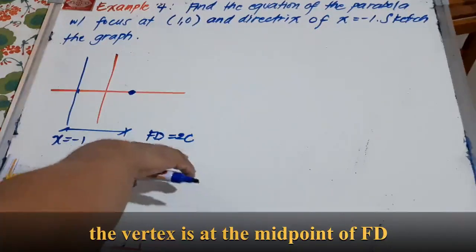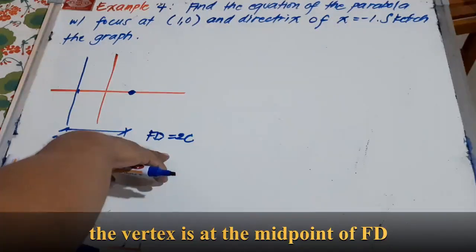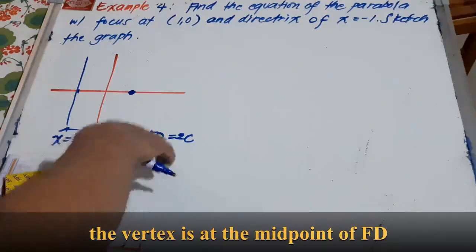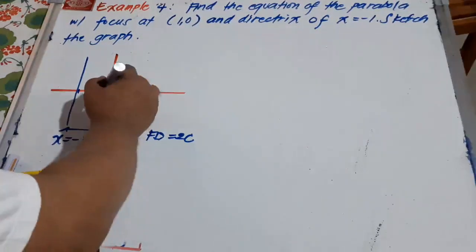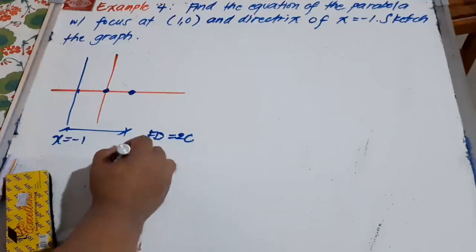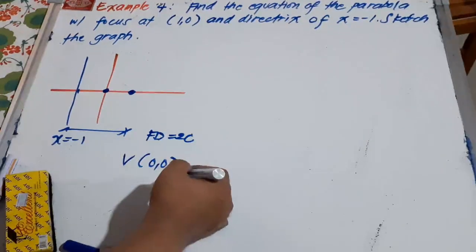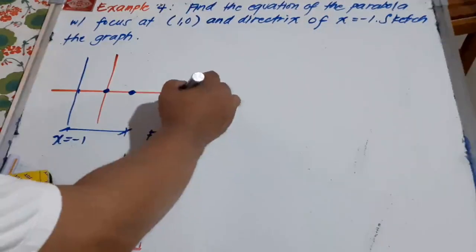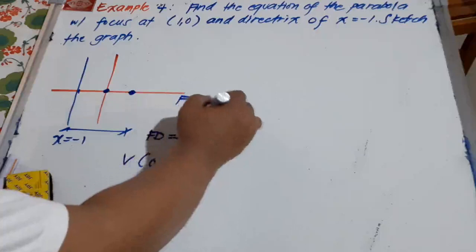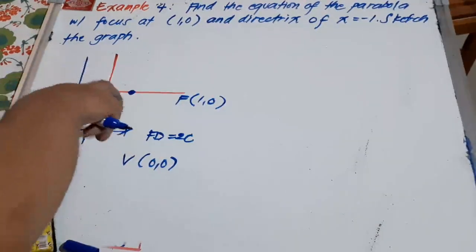Nasa midpoint nung ating segment connecting the directrix and the focus. So, sa makatwid, ang ating vertex dito ay nasa origin. Okay? Therefore, vertex located at 0, 0. And then, focus natin ay nasa given 1, 0.